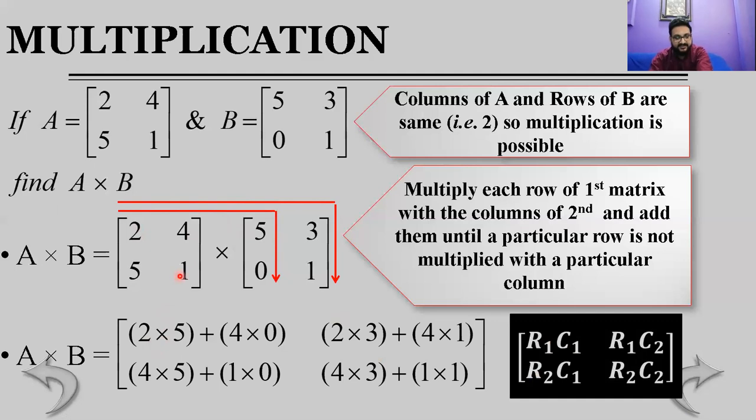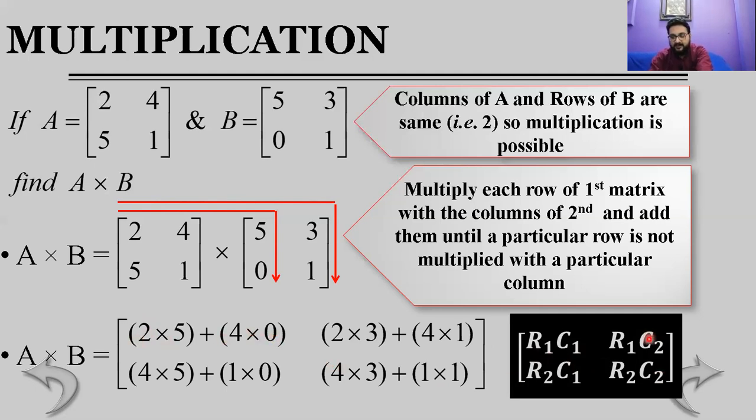So the sign of positive should be here in every multiplication. Second value multiplied to the second value, 4 multiplied by 0. The position of R1 multiplied by C1 is here. That's why the value of the multiplication is here.